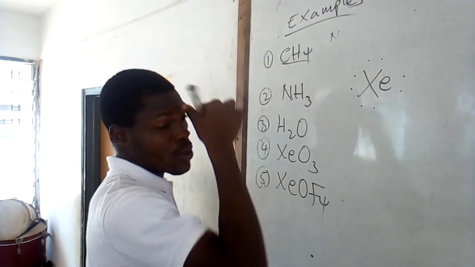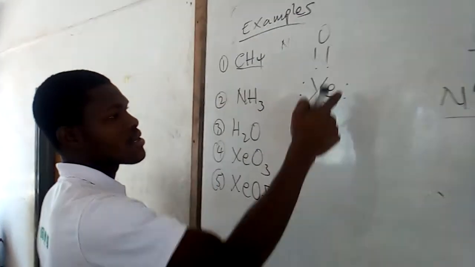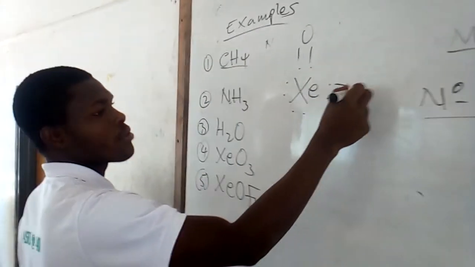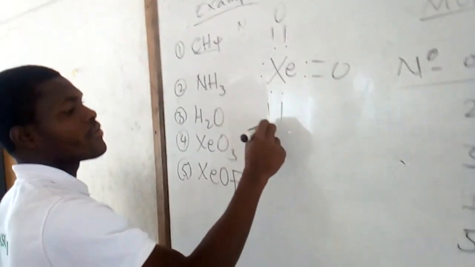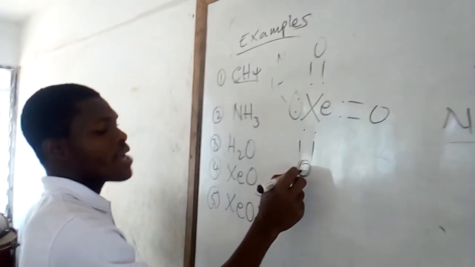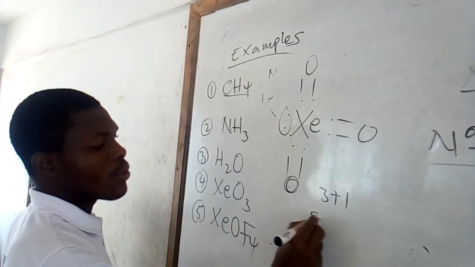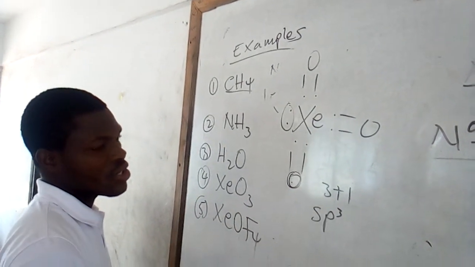Oxygen undergoes what? Double bond. Hence, each oxygen will share a double bond with xenon. It is left with only what? 1 lone pair. How many atoms? 3. So 3 plus 1, it too will undergo sp3 hybridization.